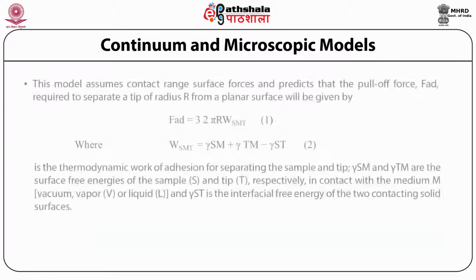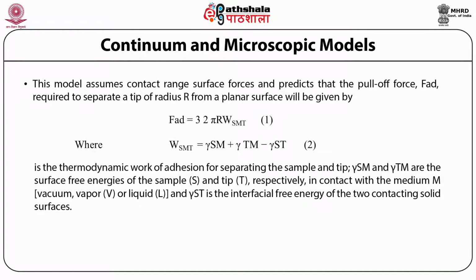The model assumes contact range surface forces and predicts that the pull-off force FAD required to separate a tip of radius R from a planar surface will be given by the relation, which gives us a mathematical relation between the forces, where WSMT is also equivalent to some other equation.